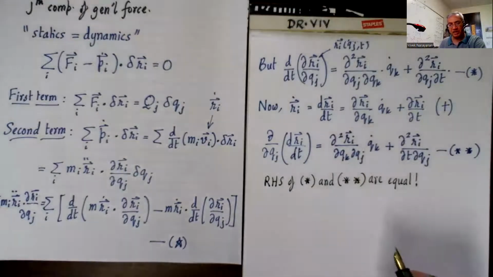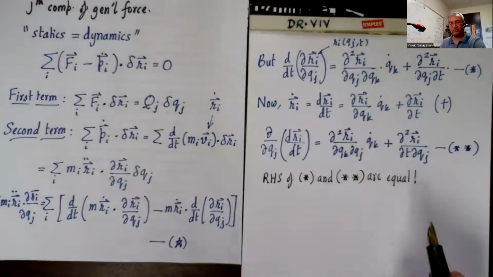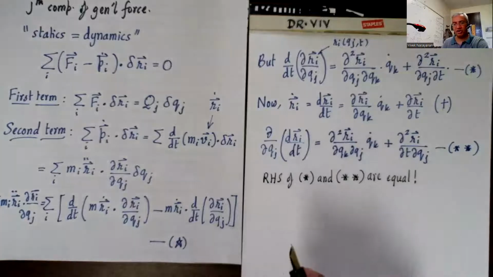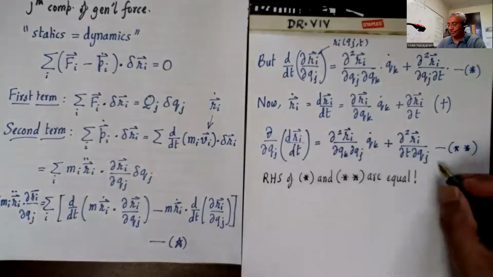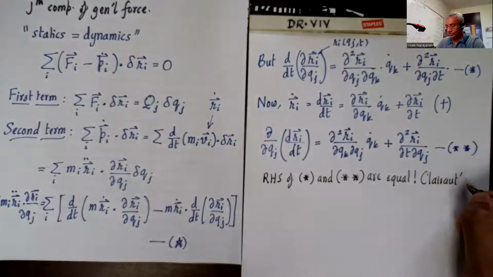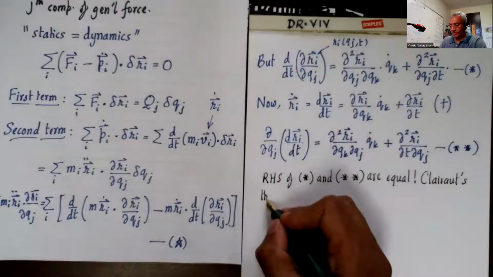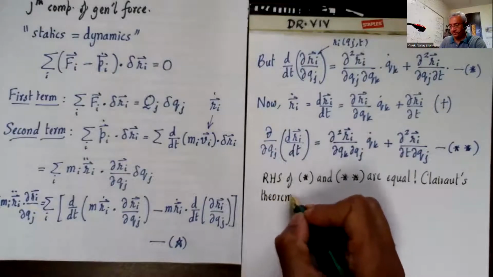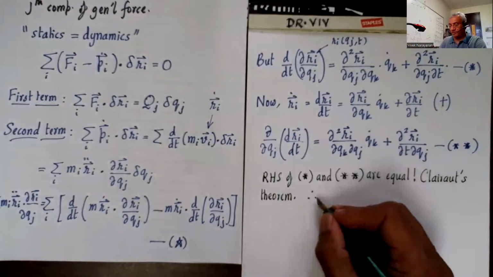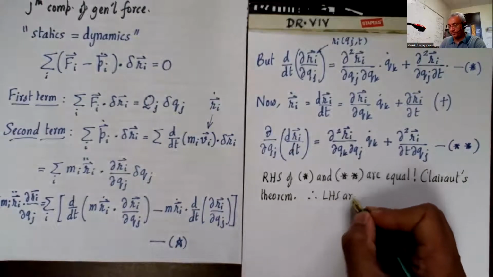And we are assuming that these functions are all twice differentiable. When you write the particle's position vector in terms of the generalized coordinates, we are going to assume those transformations are at least C2. So we can invoke what's known as Clairaut's theorem from partial derivative theory. Because the right-hand sides are equal, therefore the left-hand sides are equal.